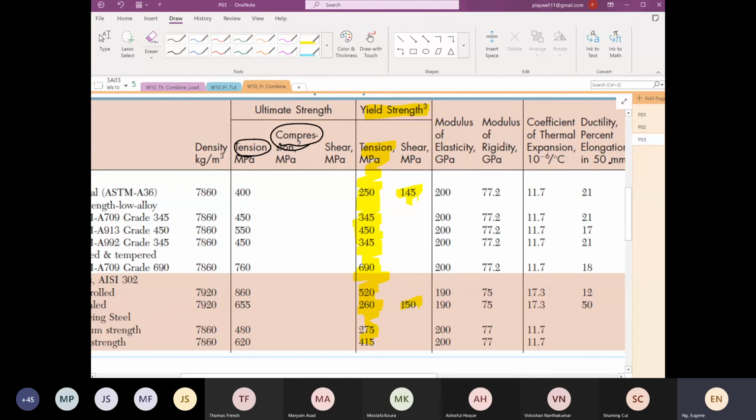The yield in shear, you don't have a lot of values. That's why if you're given that maximum tensile is 690, you don't know what the shear is. So when you apply Tresca, you declare that it is equal to 690 divided by 2, which is 345. Does it make sense?